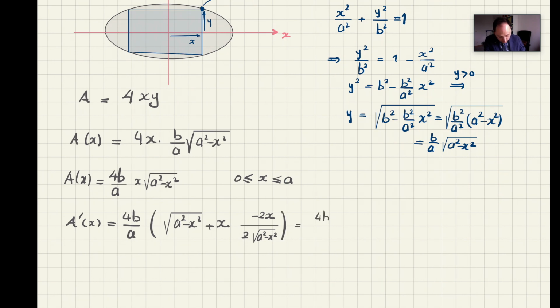So let me simplify this a little bit. So this becomes 4b over a, and then I have this. So here this 2 and that 2 are gone, and then minus x times x minus x squared.